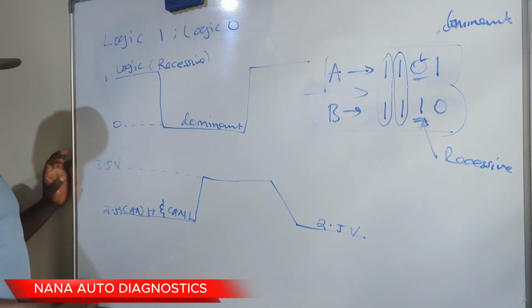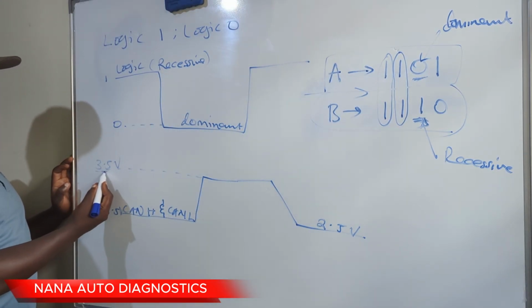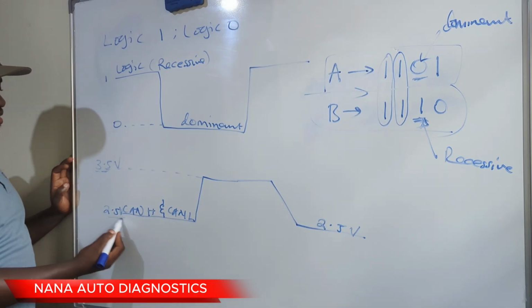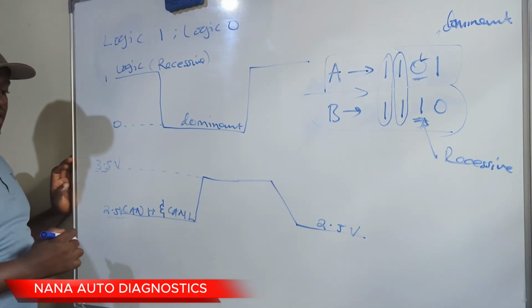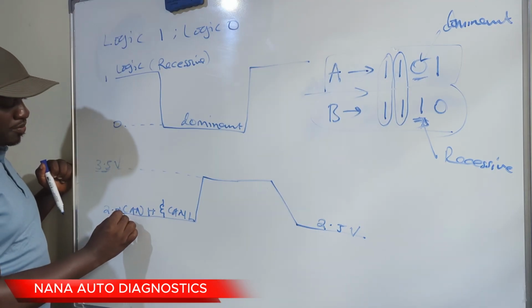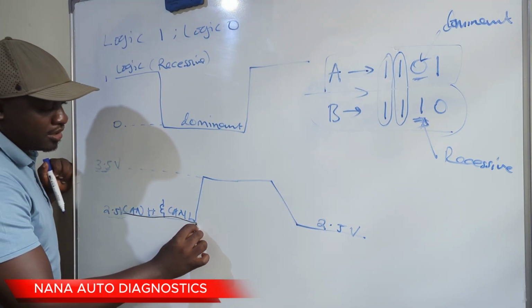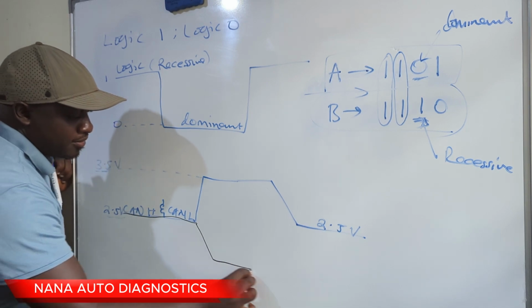So in other words, CAN high oscillates between 3.5 and 2.5 volts. On the other hand, CAN low oscillates between 2.5 and 1.5.